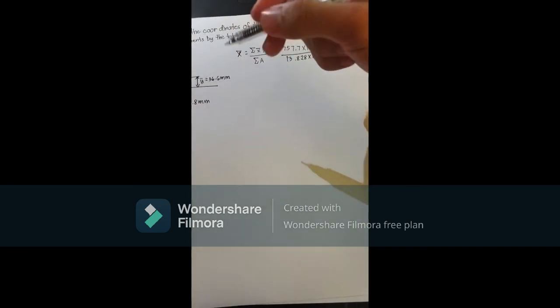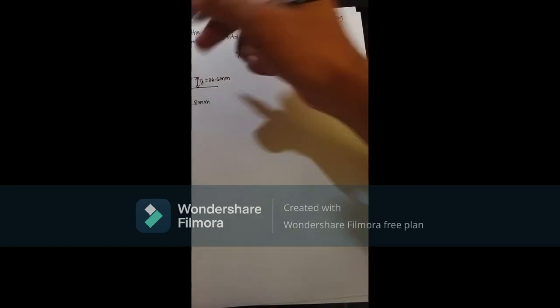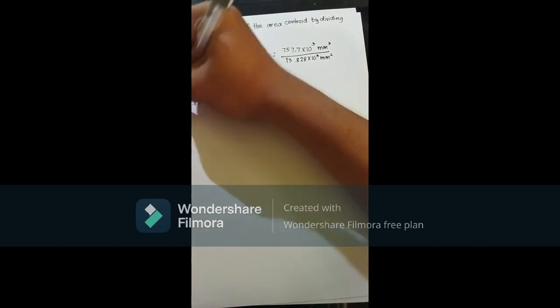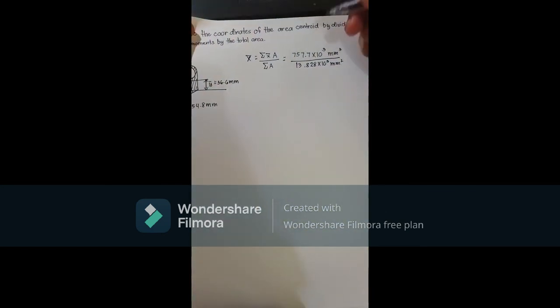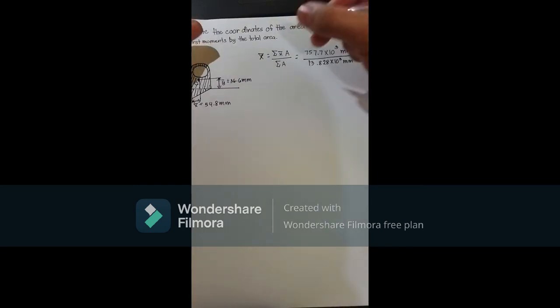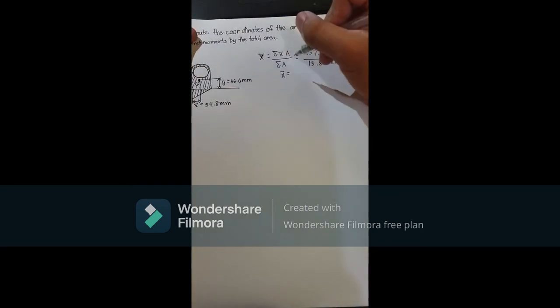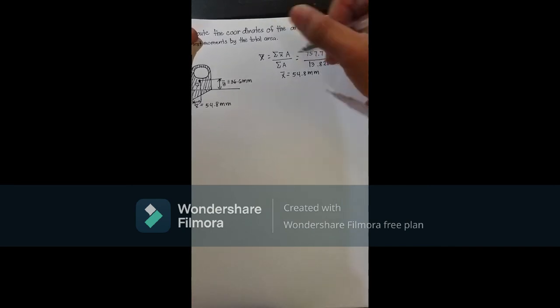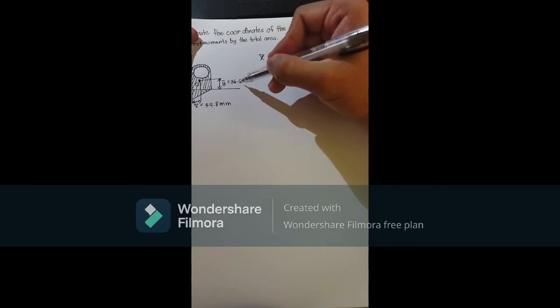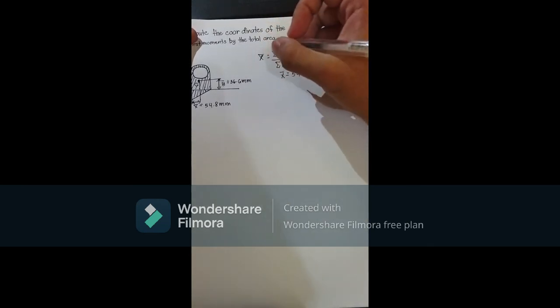So the mean of x is equal to 54.8 millimeters.